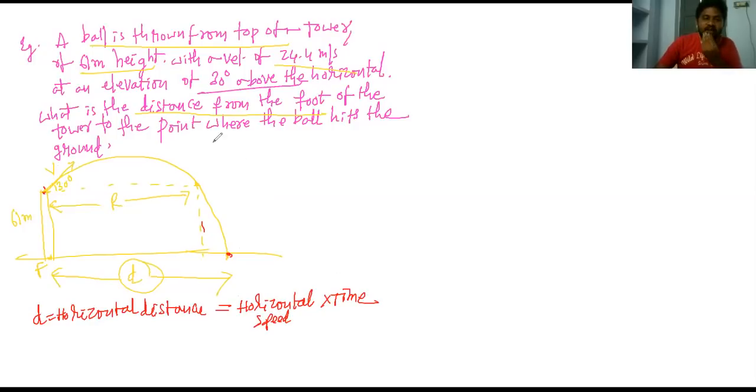Now here this is your u cos 30 degrees and here there is a u sin 30 degrees. When we are talking about time of flight, we should concentrate on the vertical motion. So the total vertical path traveled by the body, that's the time of flight. So D is equal to horizontal speed, u cos theta, into time of flight t.